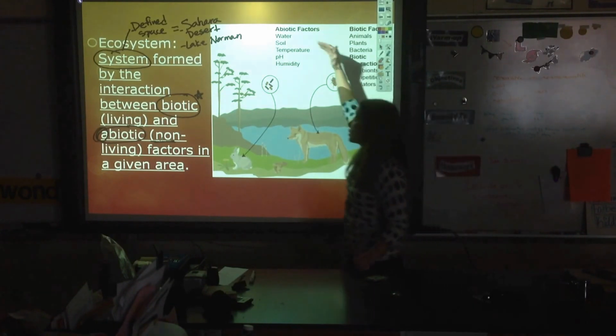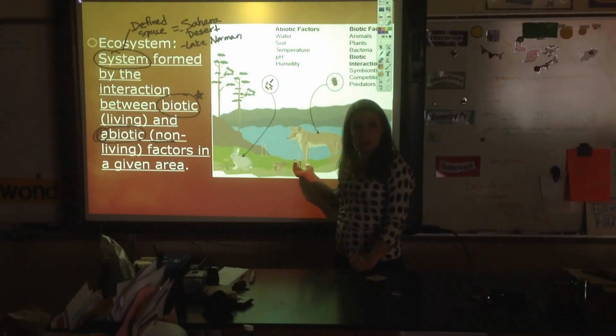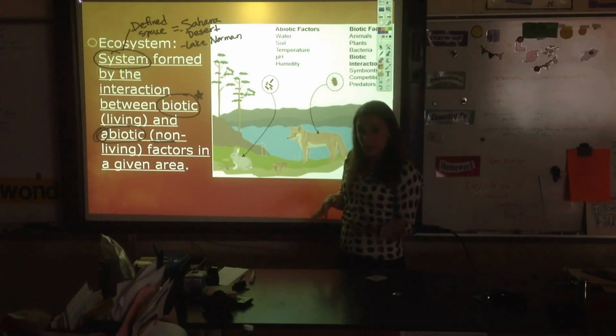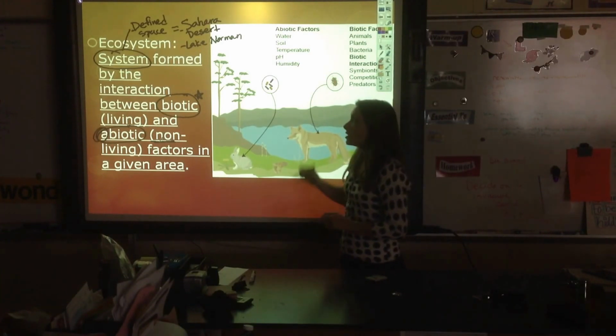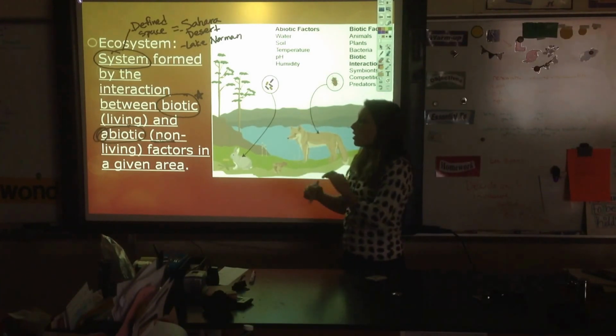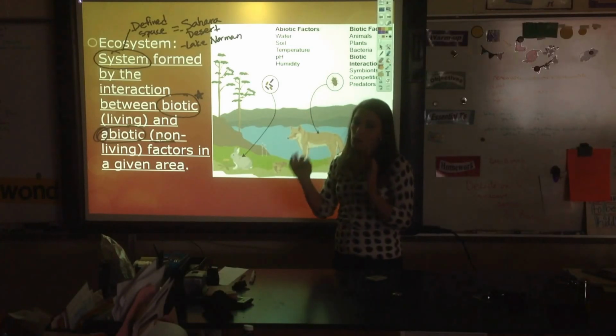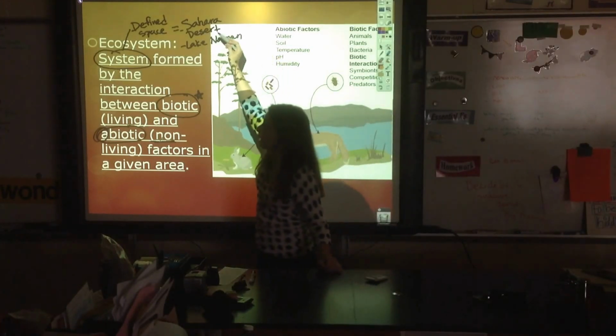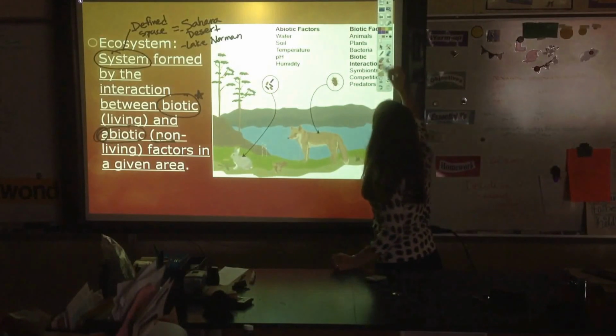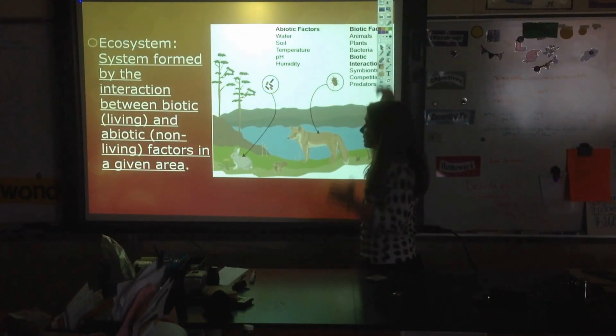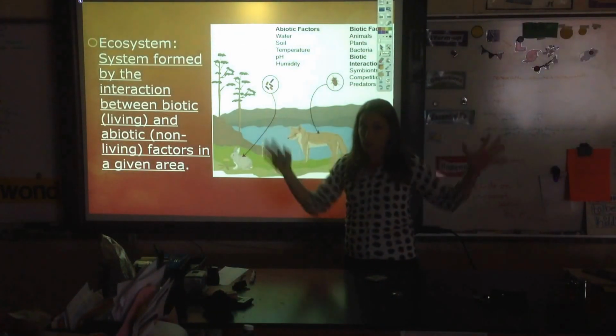If there's too much rain, what will happen to the ecosystem, the living things and the non-living things? So an ecosystem studies all the living things and all the non-living things in one area. But sometimes we want to study a smaller group. That's a lot of things to study.